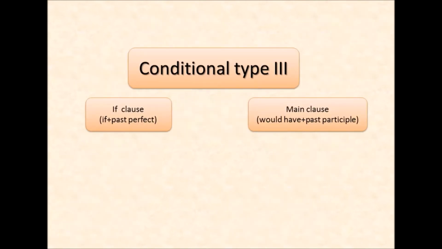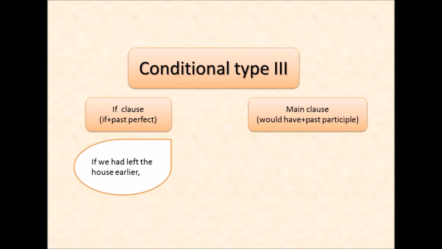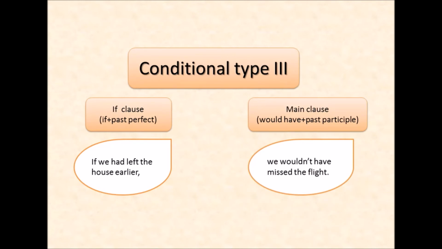Conditional type 3. The sentence is in two clauses, the if clause and the main clause. The if clause is with if plus past perfect, and the main clause with would have plus past participle. If we had left the house earlier, we wouldn't have missed the flight.